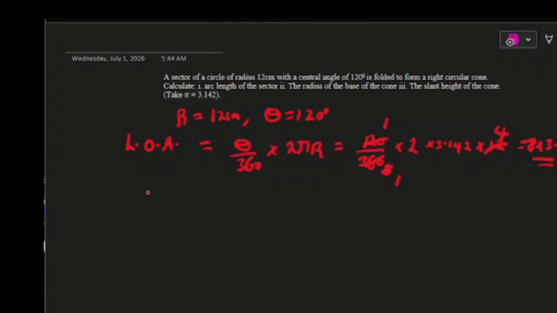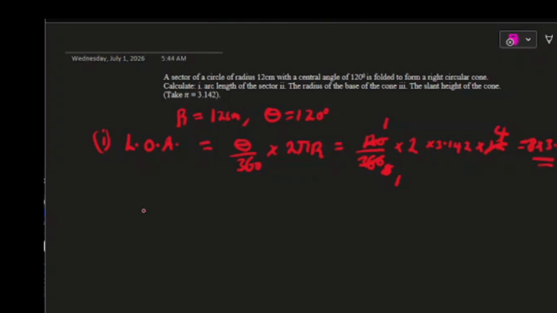All right, now let's go to the second question. It says the radius of the base of the cone. So here, what you need to do is to remember the relationship between sector and cone. Remember, we said when a sector is used to form a cone, this relationship exists.